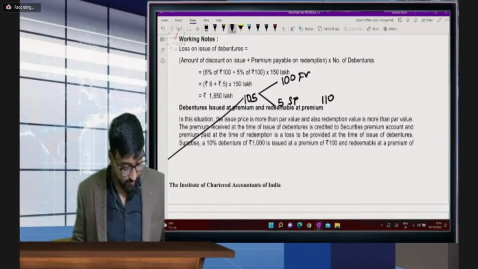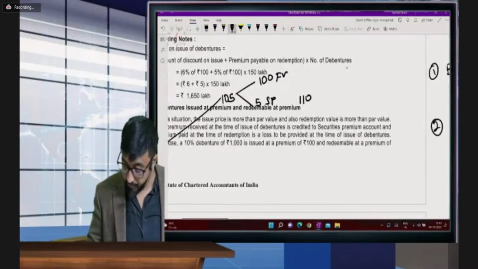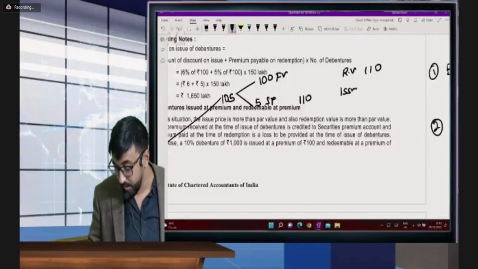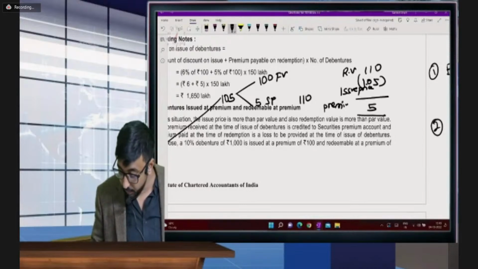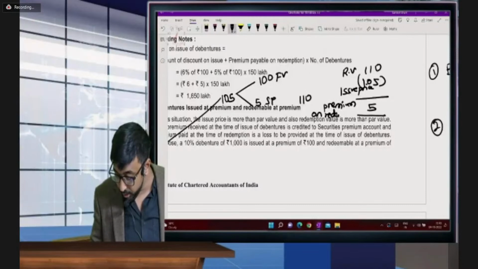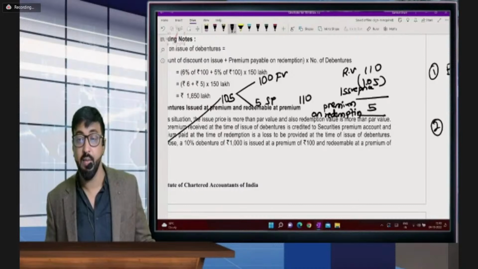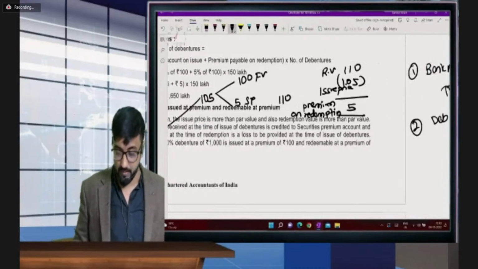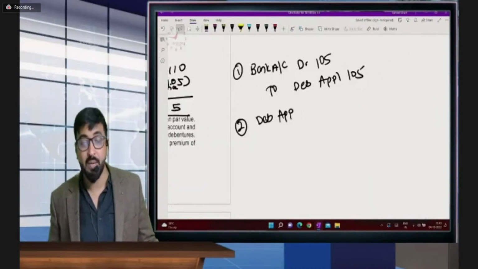We are paying redemption value RV 110 and issue price 105. So we are paying 5 rupees premium on redemption. Now you can write this. Redeemable value RV is redeemable value and issue price 105. So bank account debit 105 to debentures application 105.